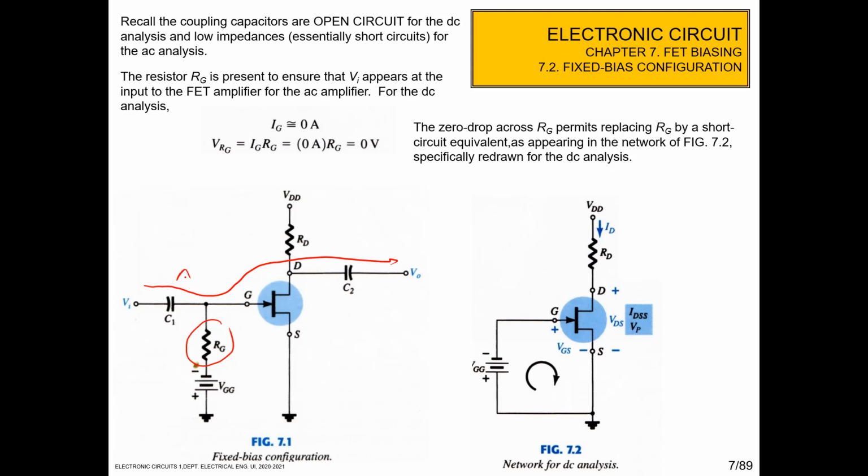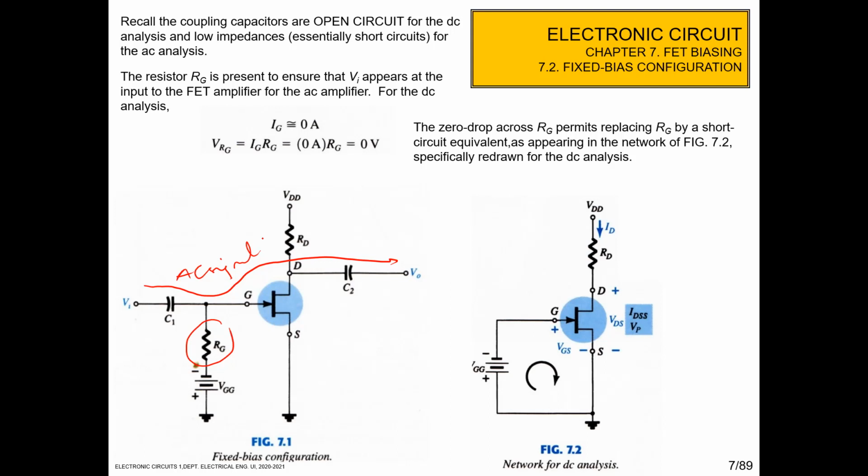If we didn't put RG, the gate resistance, here, the AC signal would go to the ground, because in AC analysis, all the DC bias sources become ground. So the AC signal would disappear. So we put a high impedance RG here to prevent the AC signal from going to the ground.